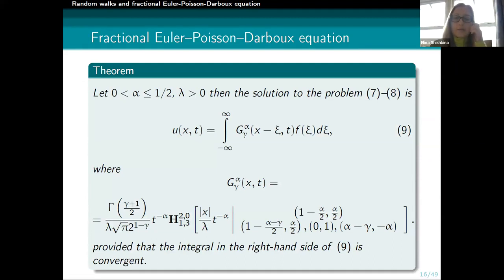So the next theorem was obtained. If alpha is greater than 0 and less than 1/2, and lambda is greater than 0, then we have the solution of problem 7-8 in this form. This is the generalized Green function, which has a form using this H function, which is quite difficult, of course, not very easy, but still here we can obtain this solution using regular methods, using integral transform methods.